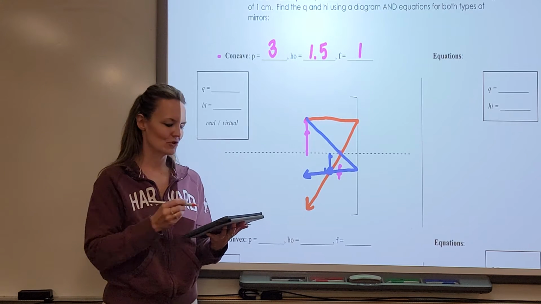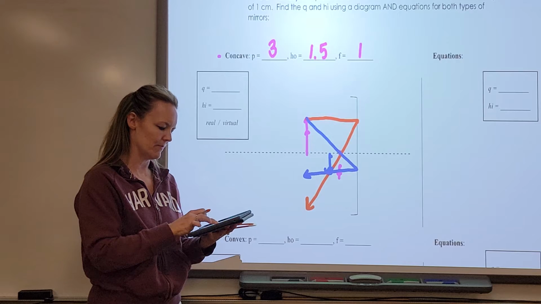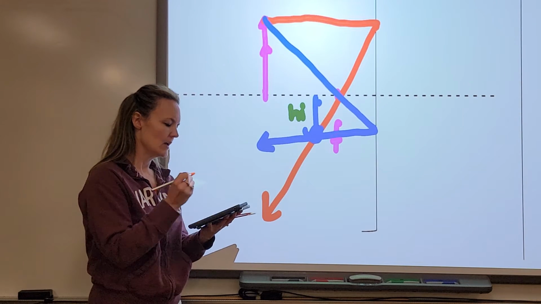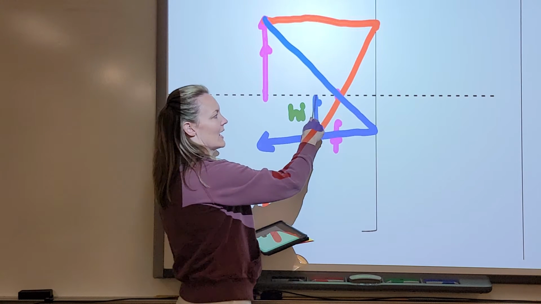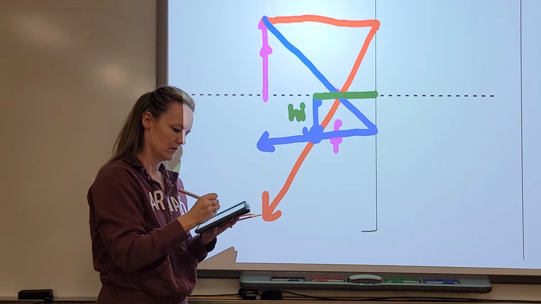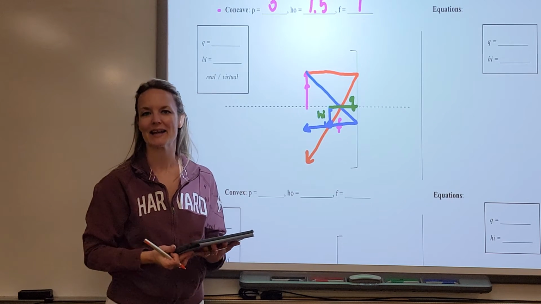We are going to measure 2 things about that. You are going to measure the HI, that is the distance from here to the intersection point, and Q, the distance from that intersection point back to the mirror.